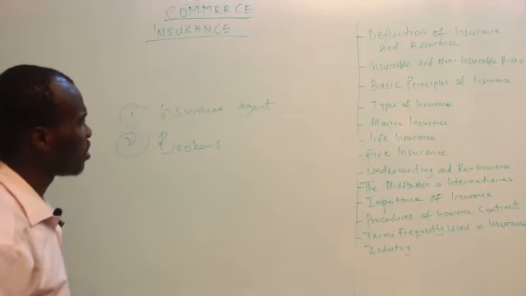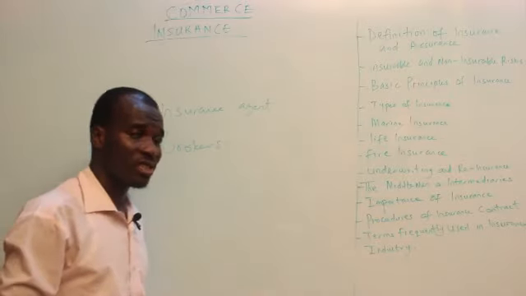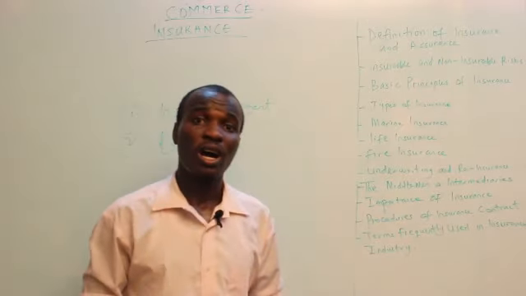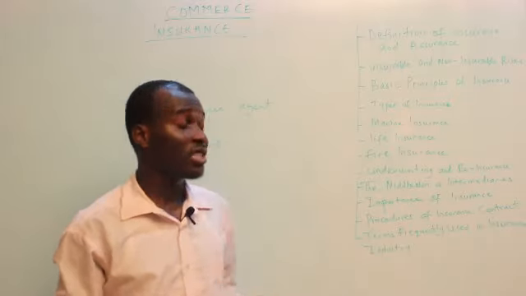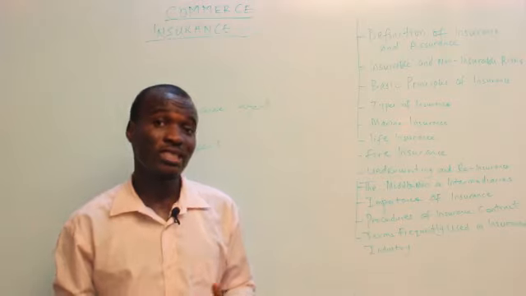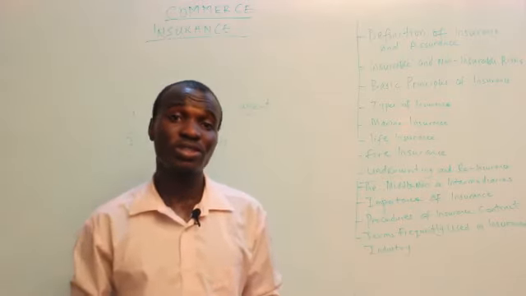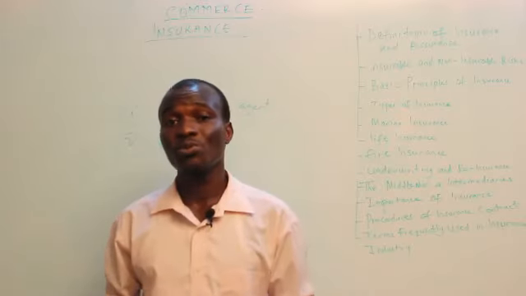What is the function of the insurance agent? The insurance agent works with the insurance company, and their function is usually to look for potential insured persons that will insure their property with the insurance company.